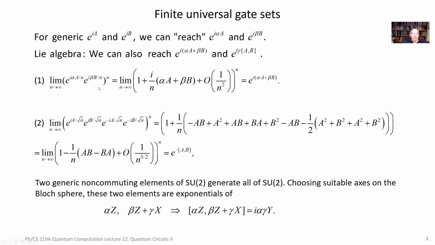Take the product of the two, and then raise that product to the nth power, and let n get really, really big. And then we can ask, what unitary does that get close to in the limit of very large n?